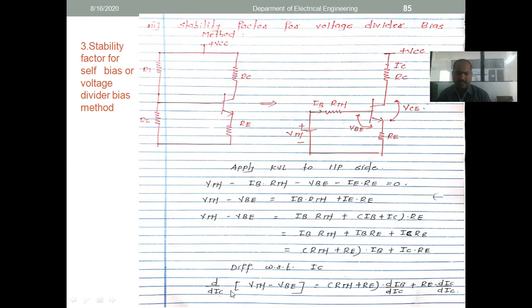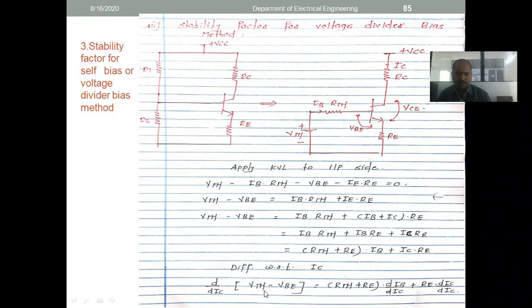Now d by dIC of VTH minus VB is a constant term. Constant term indicates that whatever voltages are coming across R1 and R2, V1 is with respect to R1 and V2 is for R2, and this voltage is considered as VTH, so it is not changing because there is no change of R1.